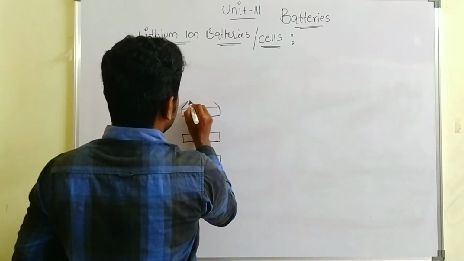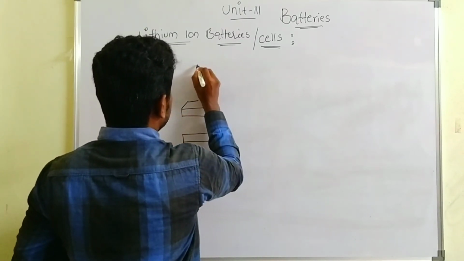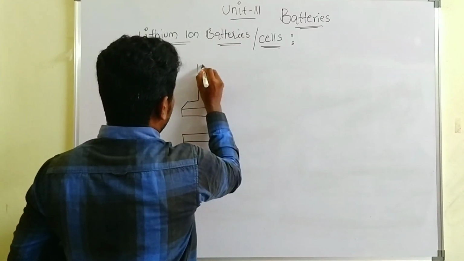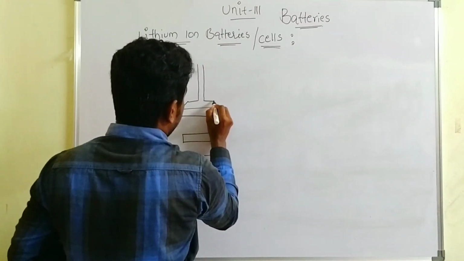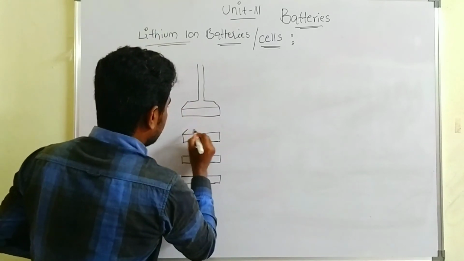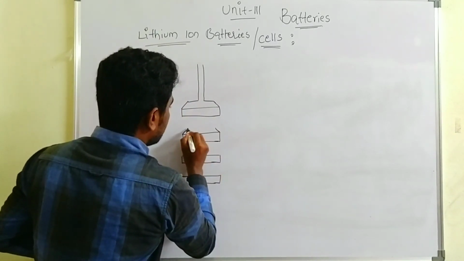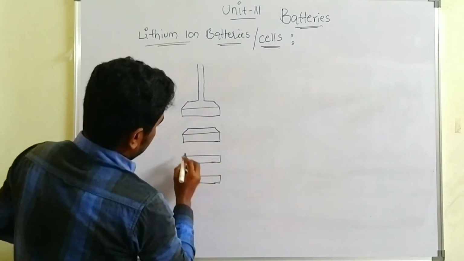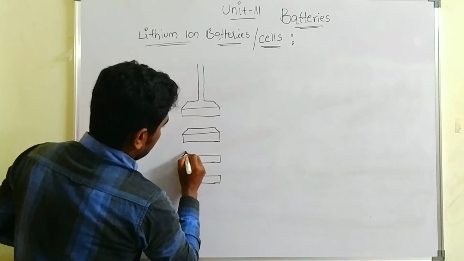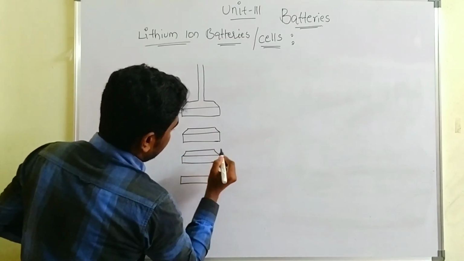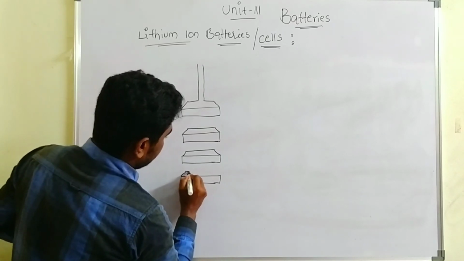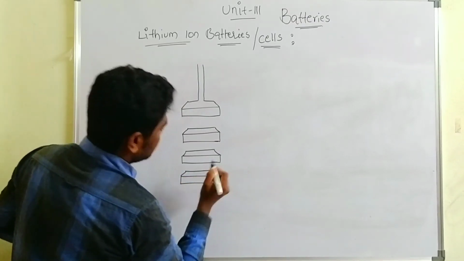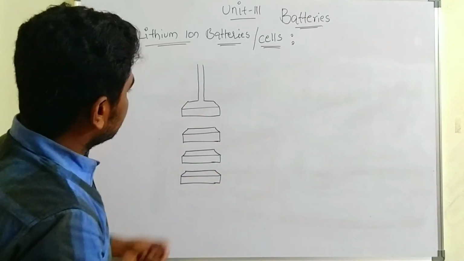First we draw the layer structures of the anode. Just observe how I draw the layered structure, then only you will understand, otherwise you will get confused.